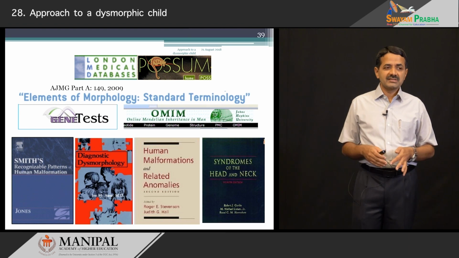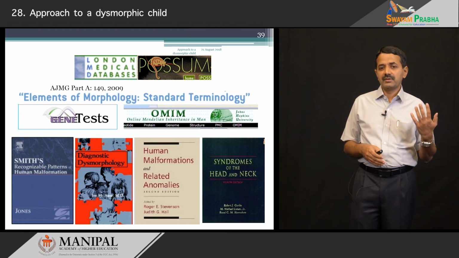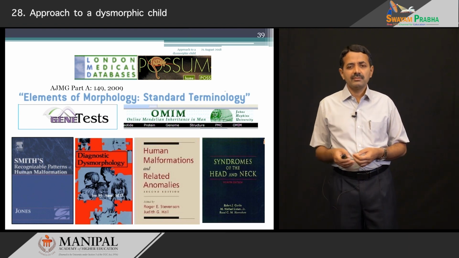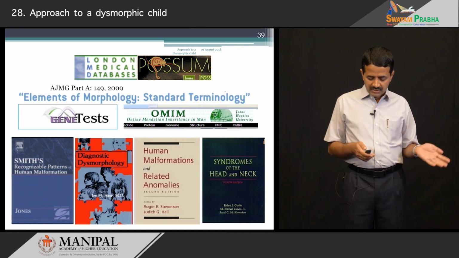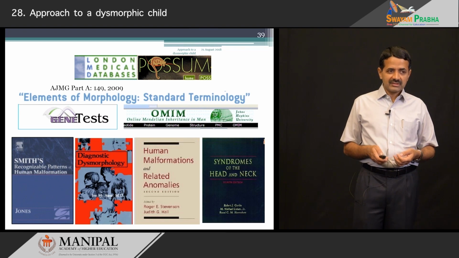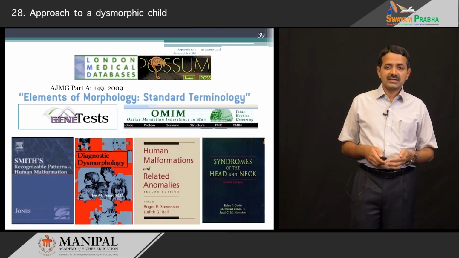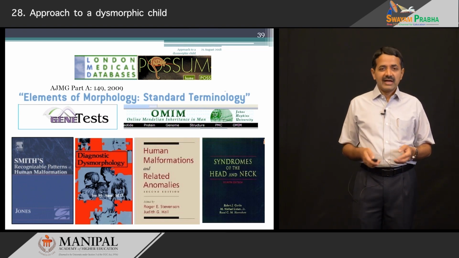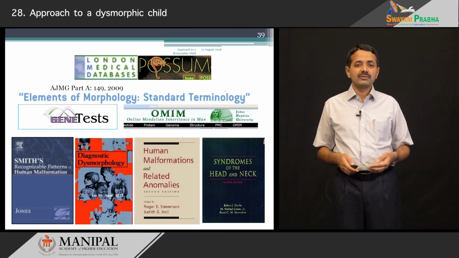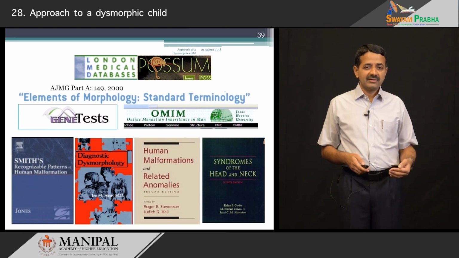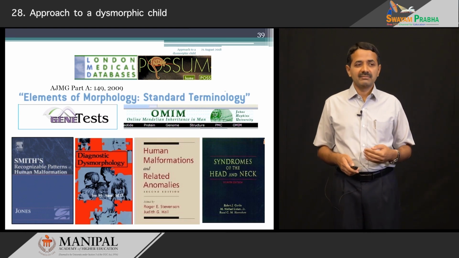These are good places to read about syndromes, and we now have a book by Judith Allanson called Management of Genetic Syndromes. So, these are the places where you can read further about genetic syndromes and human malformations, and how to make a diagnosis of these individuals, and how to help them have a definitive diagnosis and better medical care.